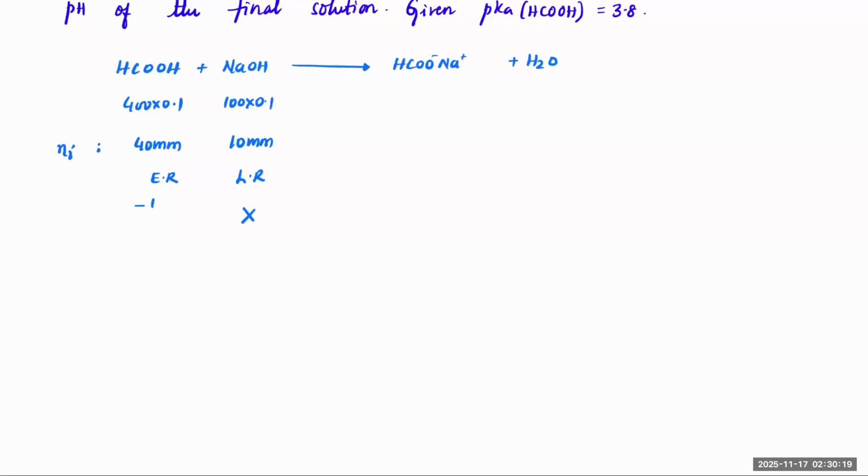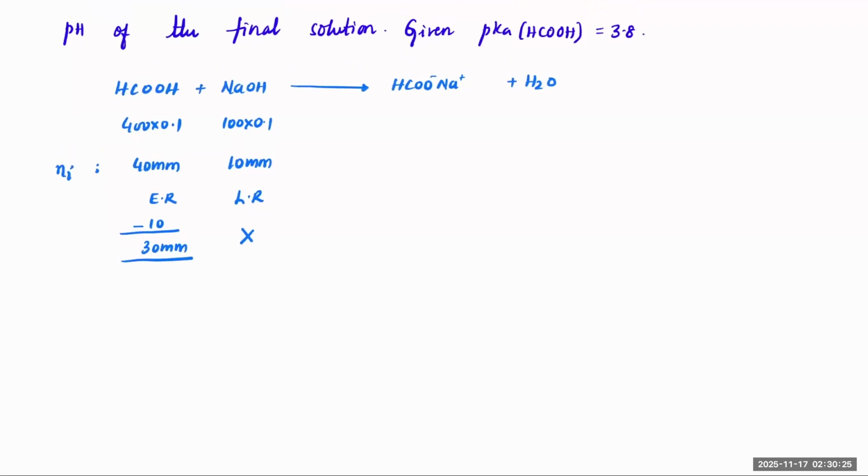So out of those 40, if I remove 10, we'll get 30 millimoles left. And what about the product? This was initially not there, but now because of the limiting reagent, 10 millimoles will be formed here. So this is the left amount here. This is the amount of the salt formed here.